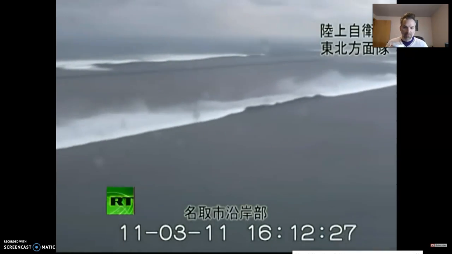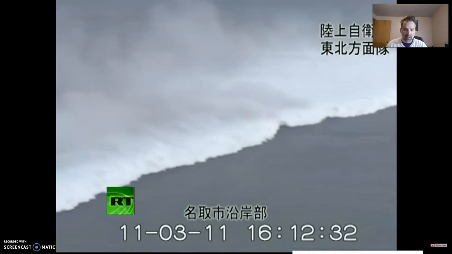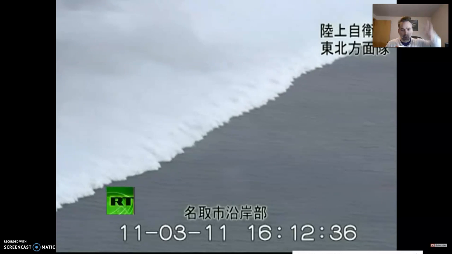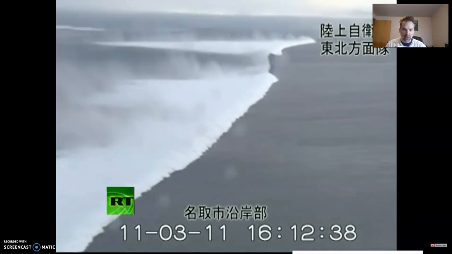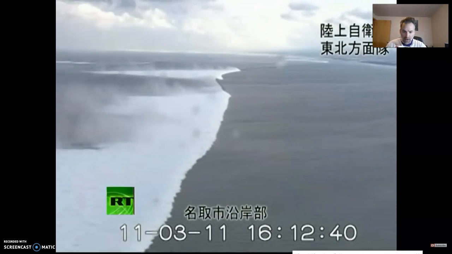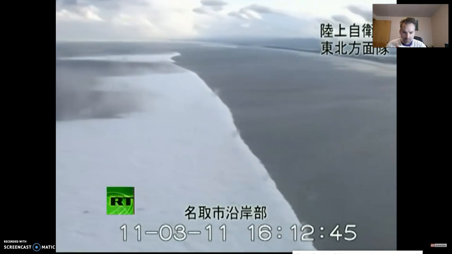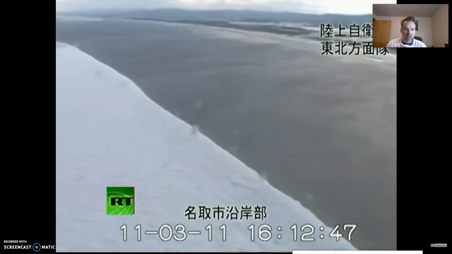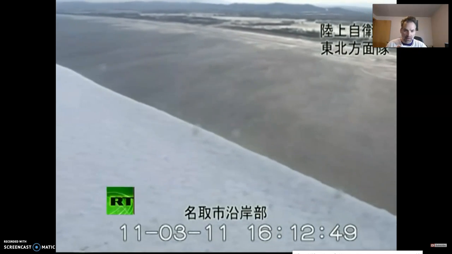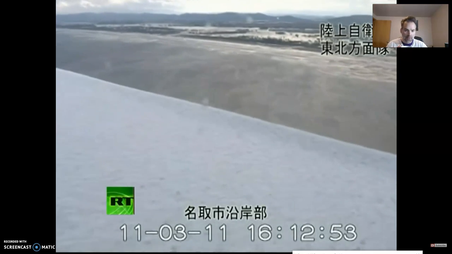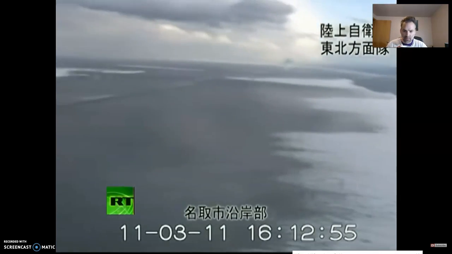So there's the wave out in the ocean, and the wave hasn't formed yet, so it isn't very tall in height until it reaches the shore here. I assume this footage is from either a drone or a helicopter.